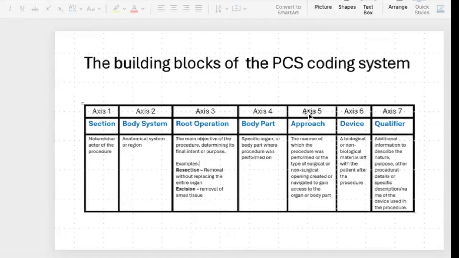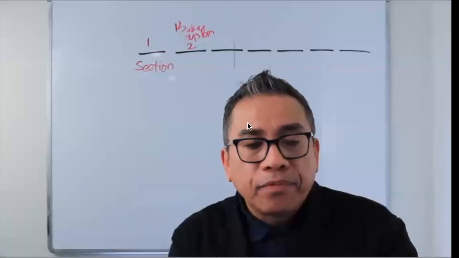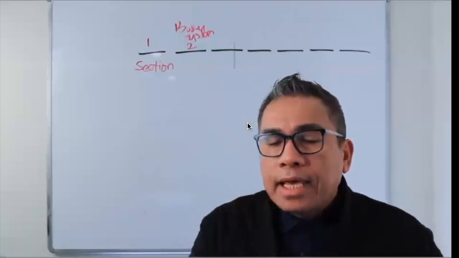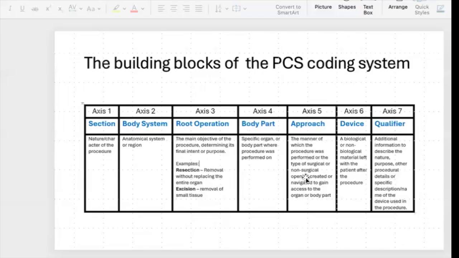Okay, and what is the approach? An approach, guys, is the manner in which the procedure was performed, or the type of surgical or non-surgical opening created or navigated to gain access to the organ or body part.